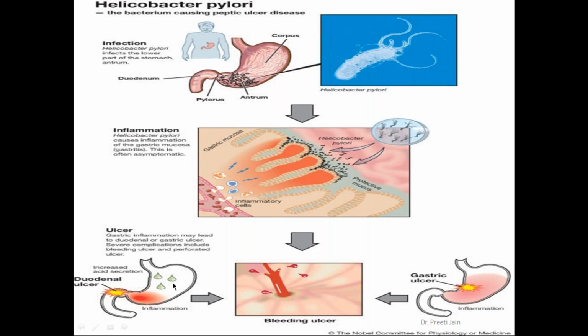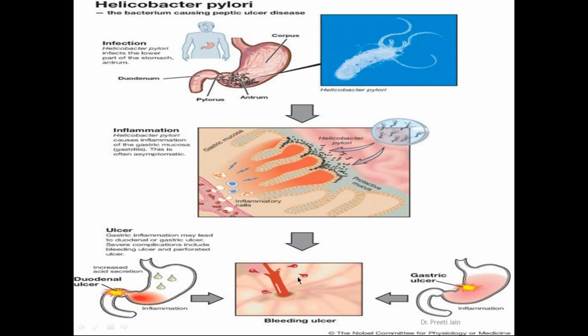And when this goes on, when the ulcer forms, it can complicate in the form of a bleeding ulcer. And once the bleeding occurs, then the patient may start vomiting out blood, along with the vomit, the blood may also start coming out. So that is known as hematemesis, or that blood can go into the stools and can produce the tarry brown stools.